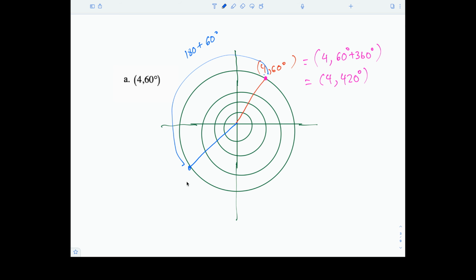Okay. So if that's the case, this is going to be at 240. So this point is 4 comma 240. But if I say negative 4 and 240, that is actually in the same position.